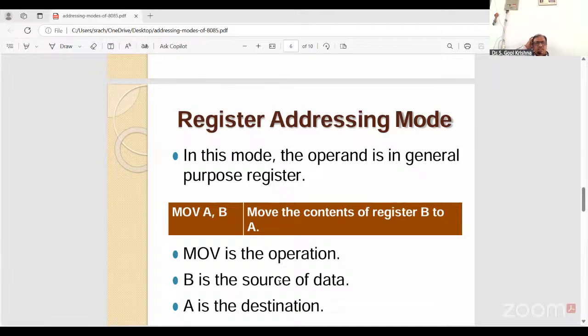In this mode, the operand is in a general purpose register. MOV is the operation, B is the source data, and A is the destination. Whatever the contents of B are will be copied into the A register. So that is the register addressing mode.